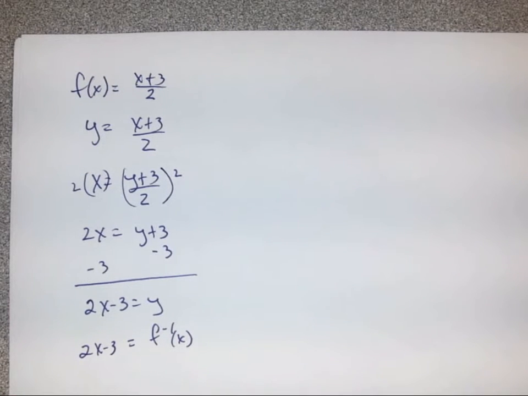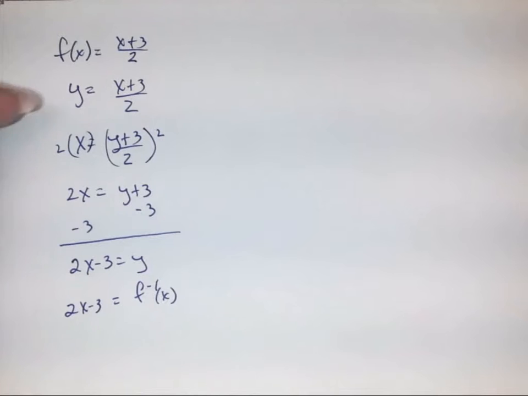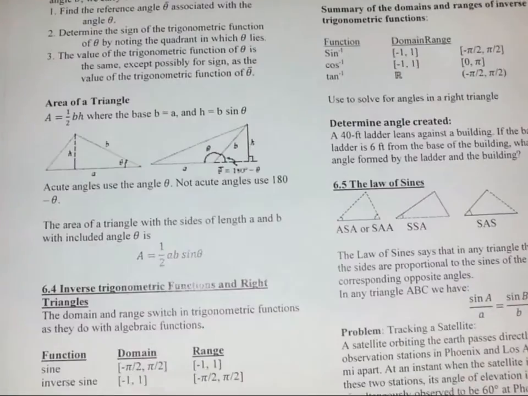If you remember from college algebra, the domain and range would kind of switch. The domain became the range, and the range became the domain. Well, the same thing's going to happen in trig functions.